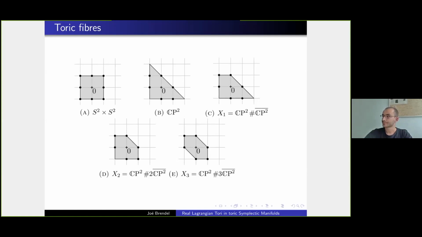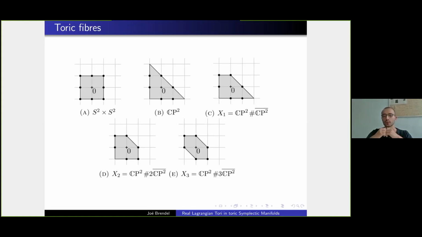And one of the examples we can figure out by hand, namely the S2 cross S2 one, because over the central point we have just the Clifford torus, which is the equator times the equator.